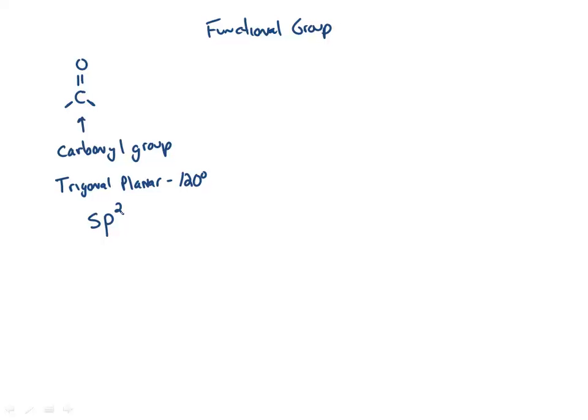Just sp2. So remember, anything that has a carbon-carbon double bond, or in this case a carbon-oxygen double bond, is sp2 hybridization. And remember, that means that this bond is highly reactive. What do we know about the intermolecular forces associated with that?